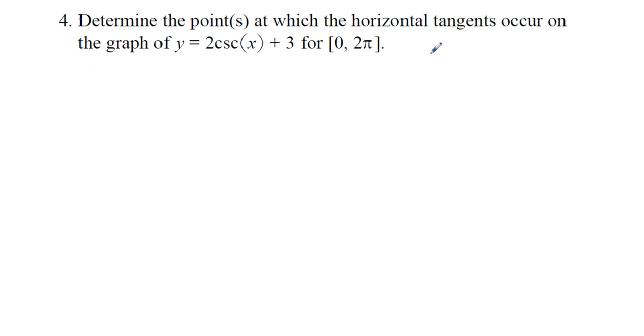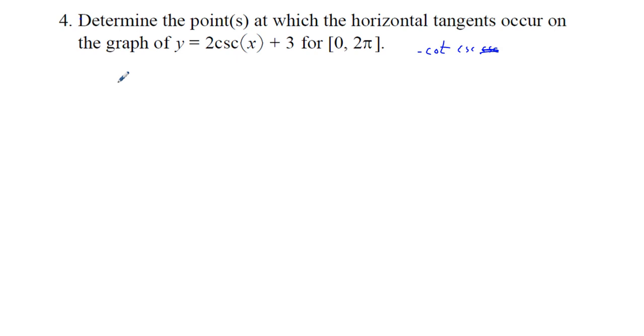And so harkening back to this cotangent, cosecant aid, if we want to find the derivative of cosecant, we will cross out one of these cosecants and we have left negative cotangent cosecant. So the horizontal tangent line occurs where the derivative is equal to 0. So let's go ahead and do that.